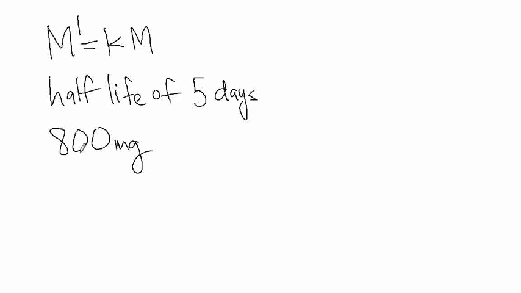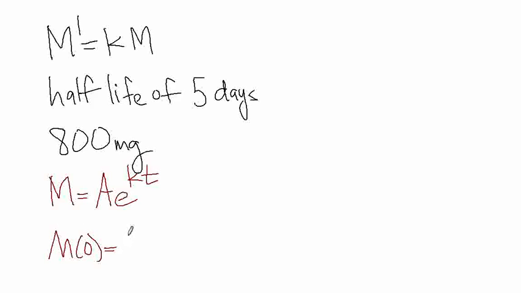This differential equation is the same type as what we've been discussing. So m must have the form a e to the kt for some a and k. And we know that we start with 800 milligrams. So m of 0 is equal to 800, which is equal to a.